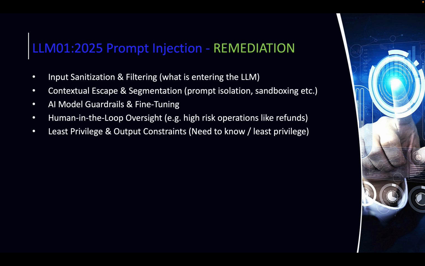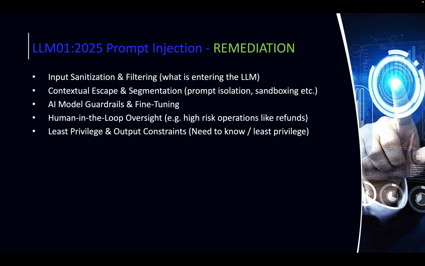Like you can isolate the prompt, right? Like where the user prompt is actually ending up in. And there's various techniques to harden this. So it's called prompt hardening. And this is something that aims at not being able to override the system prompt itself, right? Sandboxing techniques and a few other things exist here as well.